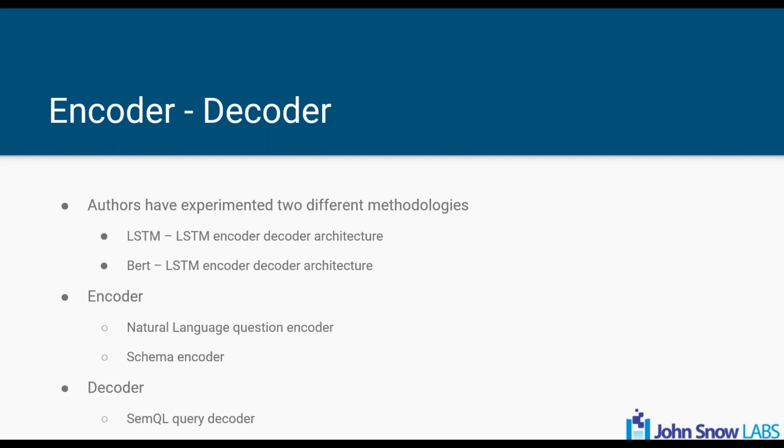In the encoder, there are two subparts. One will be encoding the natural language question that the user provides, where all the previous components that I mentioned, like the schema linking, will come into play. And then we have a schema encoder.